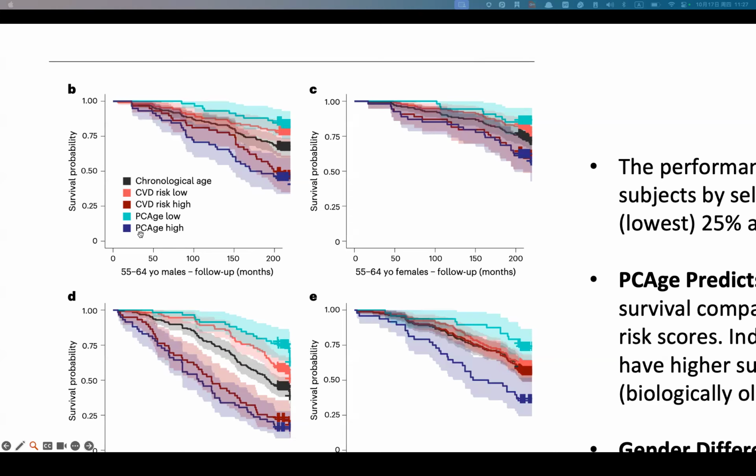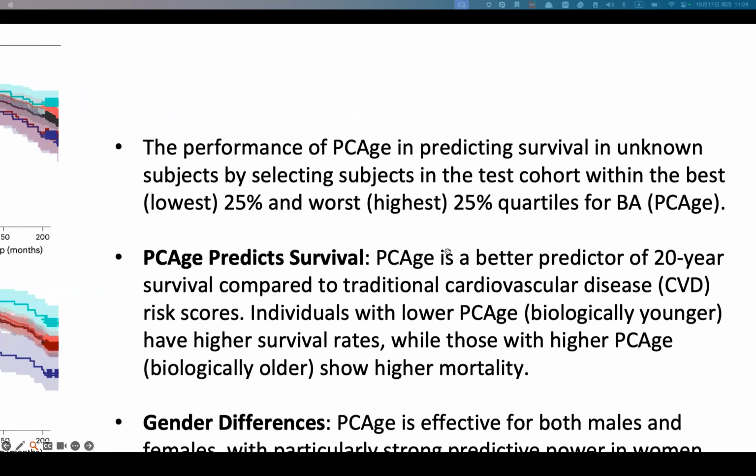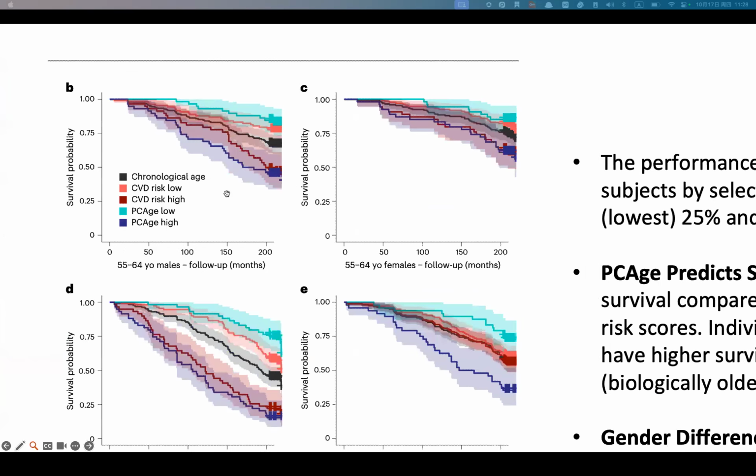Apart from your biomarker used in the study, the PCH high and PCH low means I can isolate here the best 25% and the worst 25% quartile of the biomarker. So for the PCH high, you can see that it has the low survival probability.